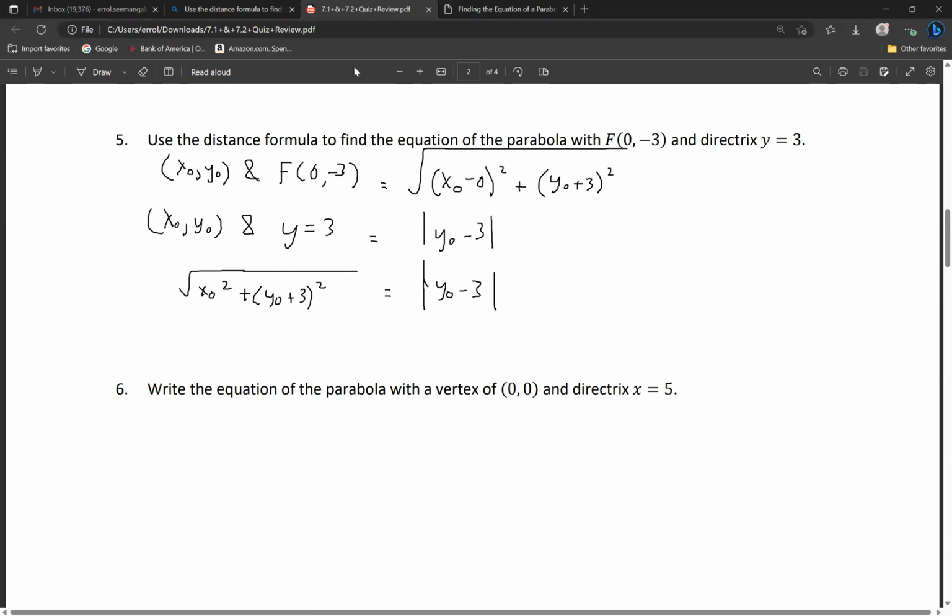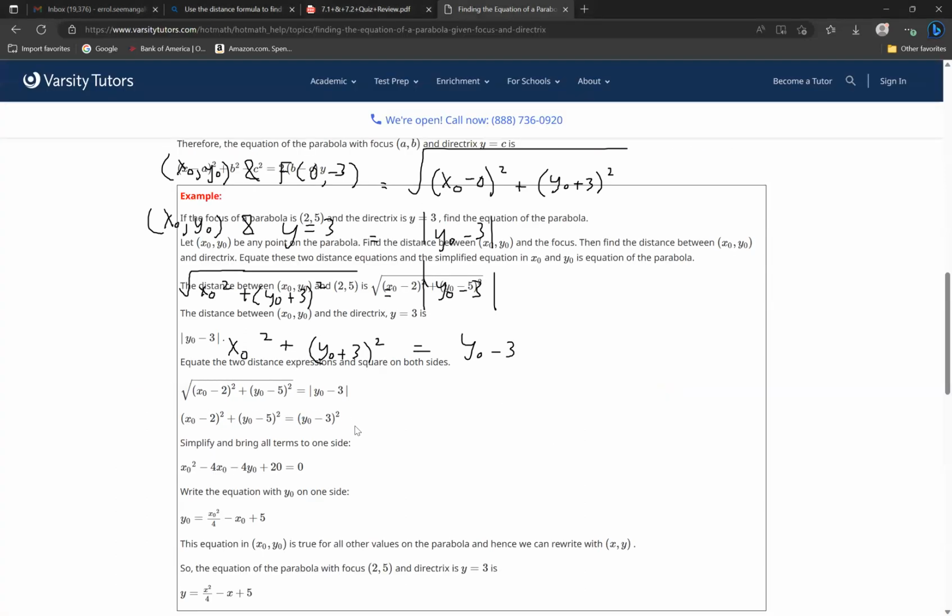So we get x0 squared plus y0 plus 3 squared equals y0 minus 3 squared. All right, so that's this line. They square both sides.